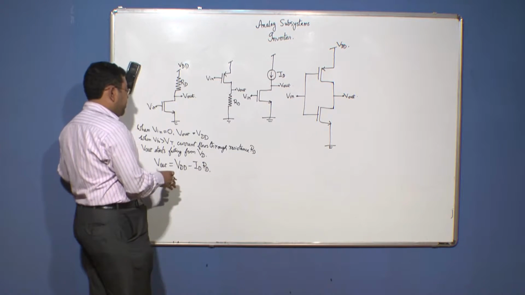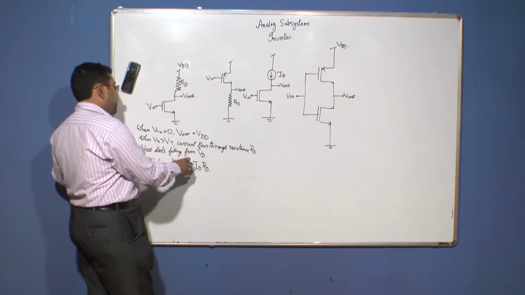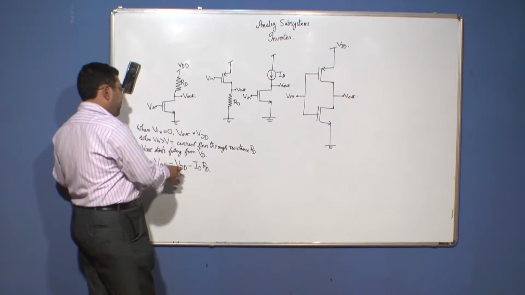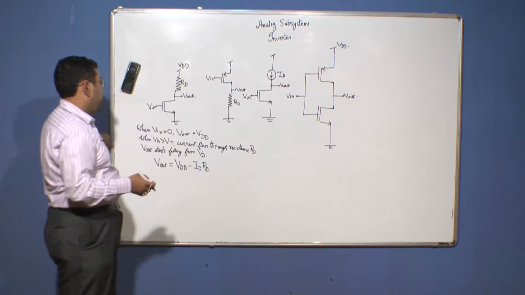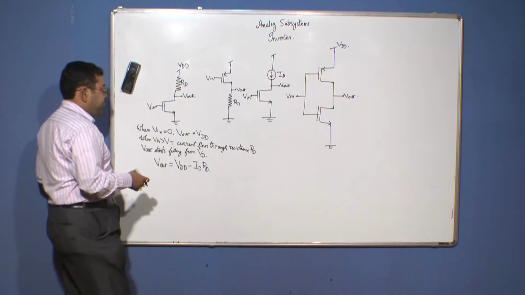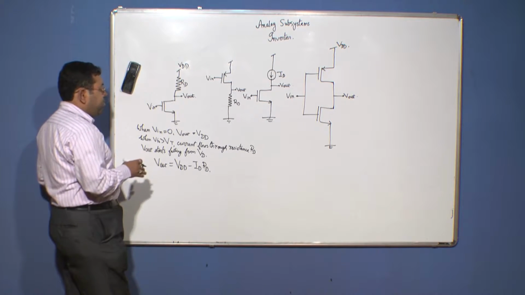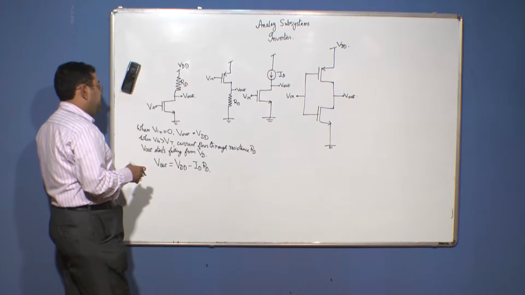Now, when current starts flowing, initially this ID is very small, therefore Vout is very close to VDD.